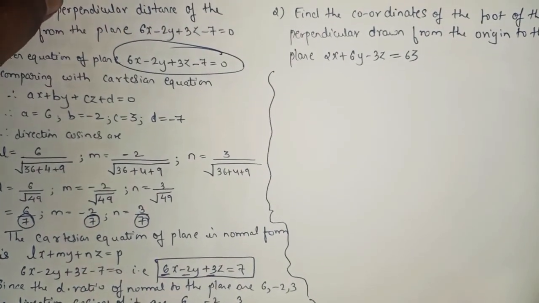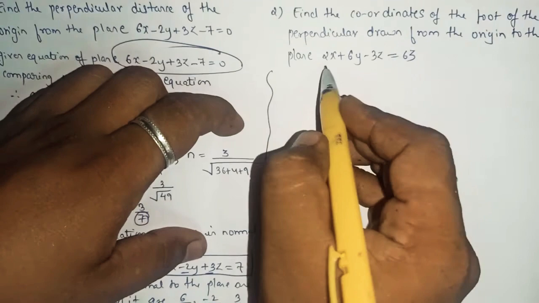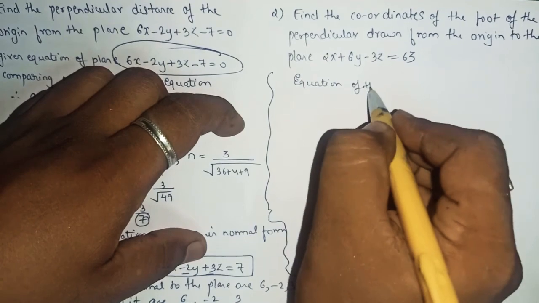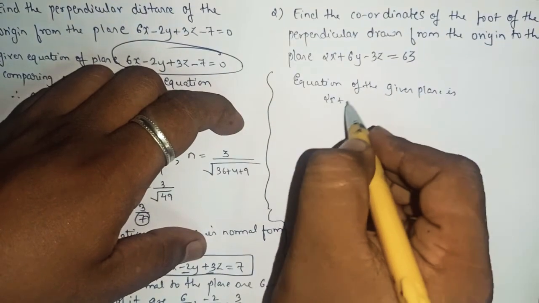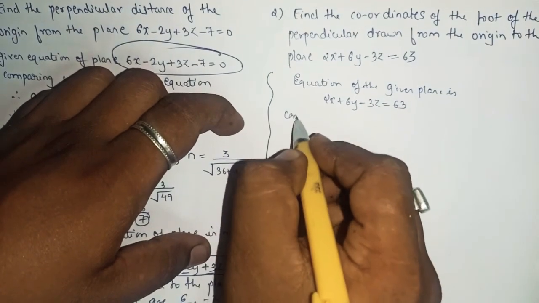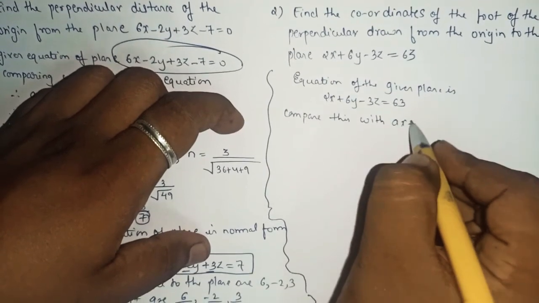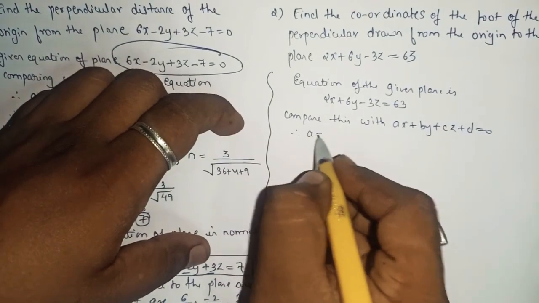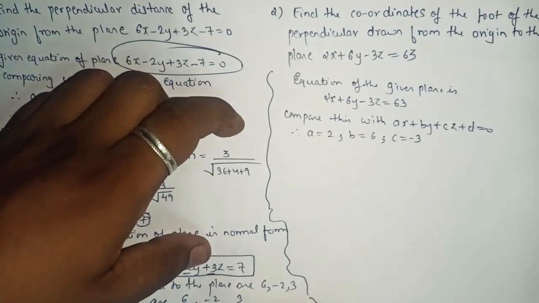So in the sum, first the given equation of the plane is there. The equation of the given plane is 2x plus 6y plus 3z equals 63. So when you compare this with ax plus by plus cz plus d equals 0, a is 2, b is 6 and c is minus 3.